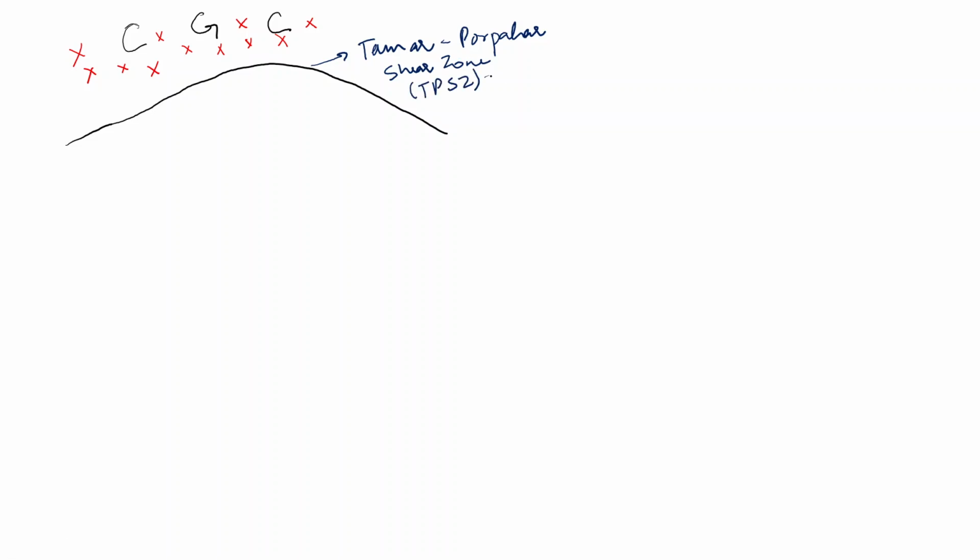So, what is TPSZ? It marks the northern margin of the Singhbhum mobile belt, and the Tamar Porpahar Shear Zone is also referred to as the South Purulia Shear Zone.